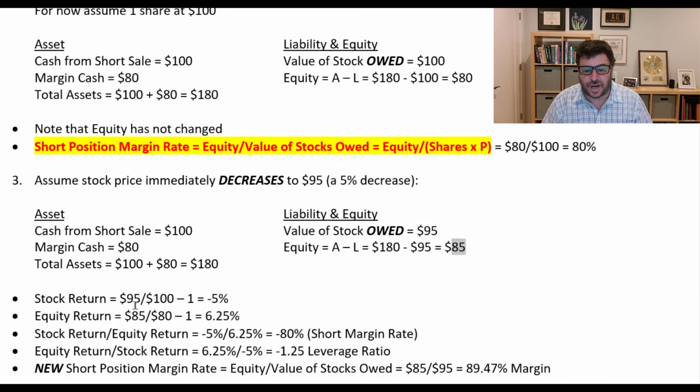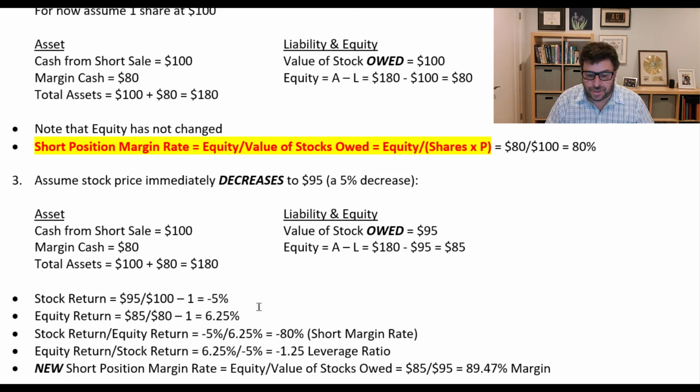And so the stock return, the stock went from 100 to 95, so it went down 5%. But my equity went from 80 to 85, so I have a positive 6.25% return. Note that if I take the minus 5 divided by the 6.25, that is negative 80%. That's my short margin.